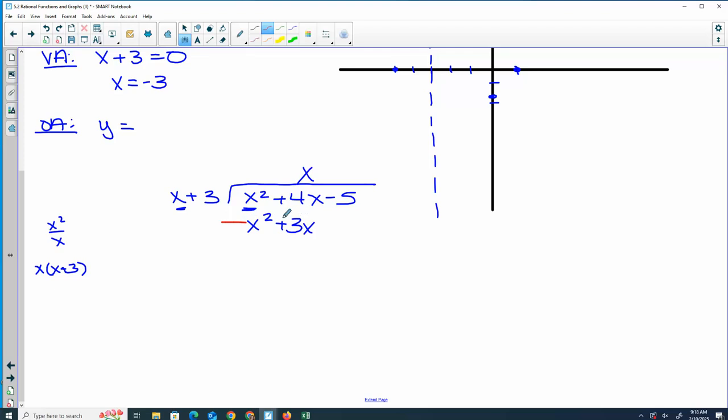We need to subtract it off, so we usually just change all of our signs and then we can see positive and negative x squared cancel. 4x minus 3x is just 1x minus 5. And now we're back to the beginning. You divide. What is x divided by x? 1. That's all I need. So my oblique is y equals x plus 1.